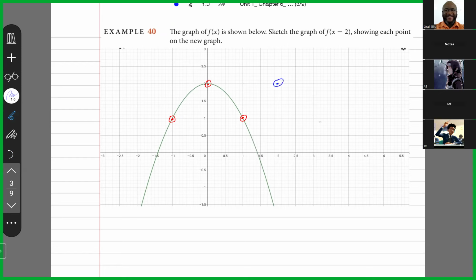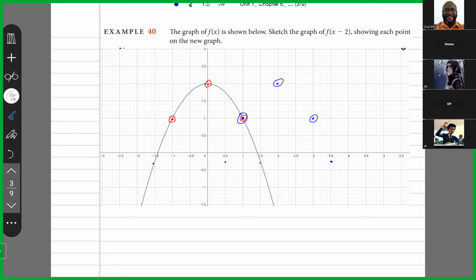And minus 1, 1 moves to 1, 1. So the final point is going to become that point. Now, if you can easily move some other points, it's not a bad idea. Maybe this point here, 2 units, 1, 2, would come here. Not so hard to move. This point here, 2 units, would come here.